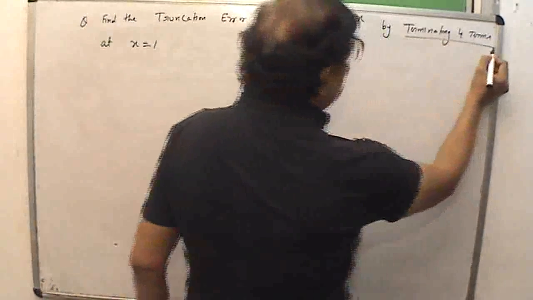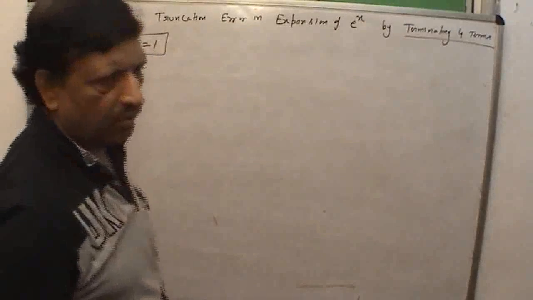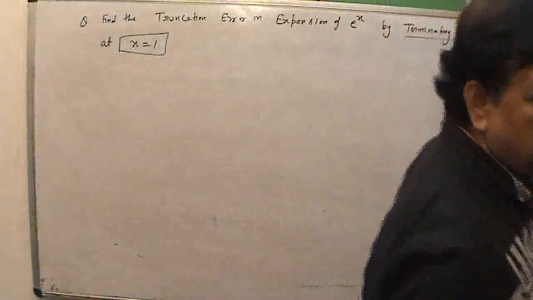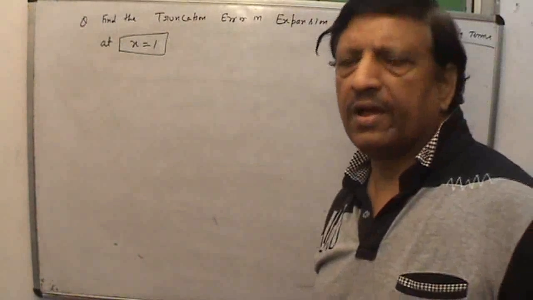These are the two main things which are provided in the problem. So by terminating 4 terms, or by terminating 3 terms, or by terminating 7 terms, and how we deal with it.